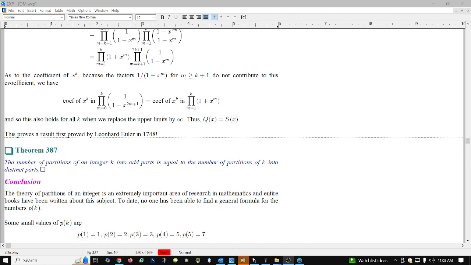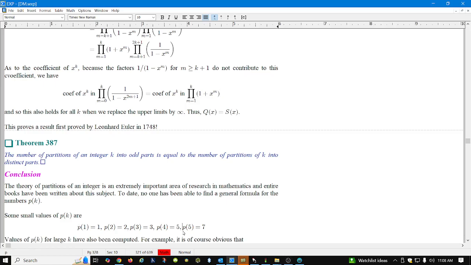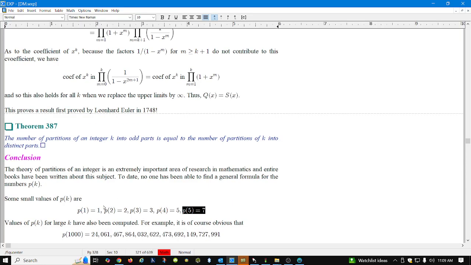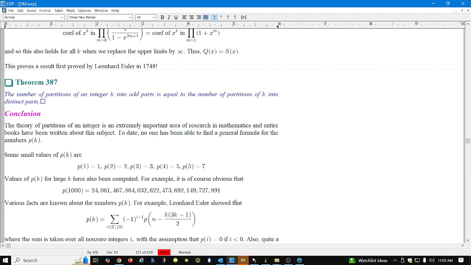We have some small values here. Remember, P of 5 equals 7. We found that ourselves. Values of P of k for large k have been computed using computers. For example, it's quite obvious that P of 1000 is this number here. Okay, there'll be no debate on that.